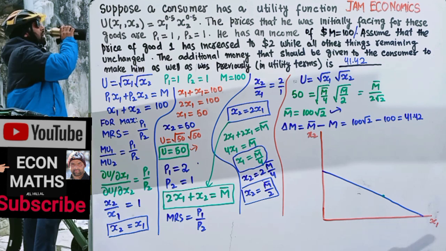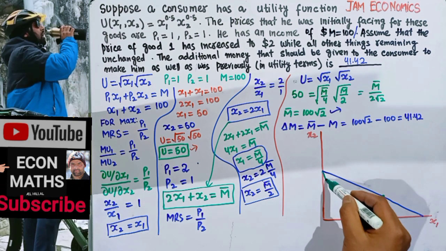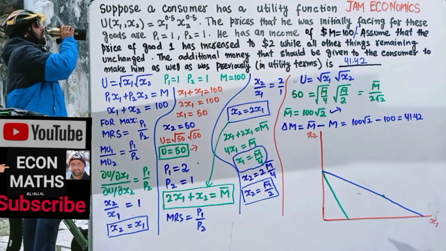Now the question tells us the price of x1 has increased to 2. When the price of x1 increases, the quantity of x1 will obviously decrease. That means the budget line will pivot. Let us say it pivoted in this fashion. Initially this is our budget line.